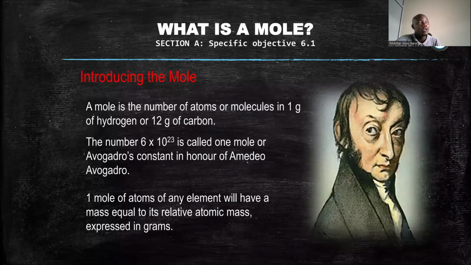In a simple way, if you are asked to define a mole, it is defined as the number of atoms or molecules present in a compound or in an element. It's the number of atoms or molecules present in 1 gram of an element. The number, which is 6.02 times 10 to the power of 23, is called 1 mole, or Avogadro's constant, in honor of Amedeo Avogadro.